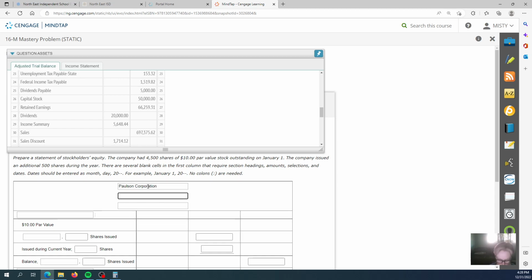All right, and then we have the statement, and I can't spell, of stockholders. My goodness, I'm having a day. Statement of stockholders' equity.